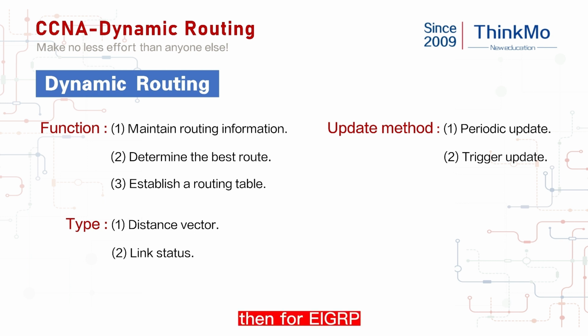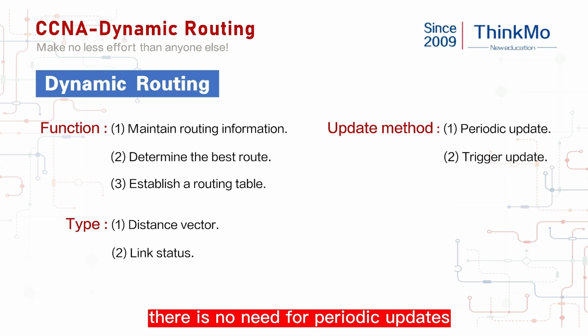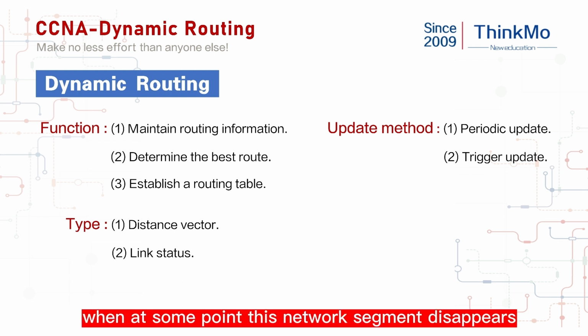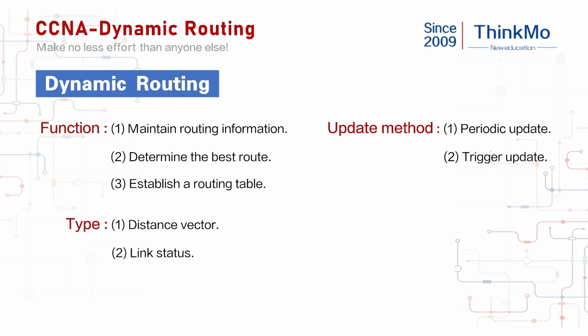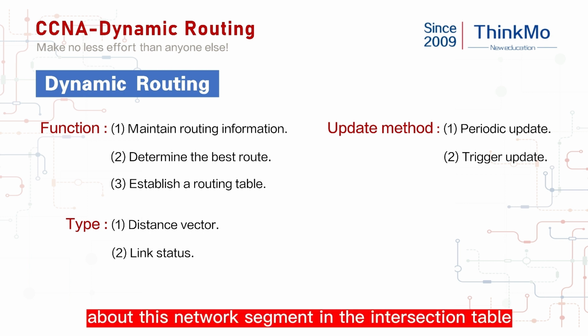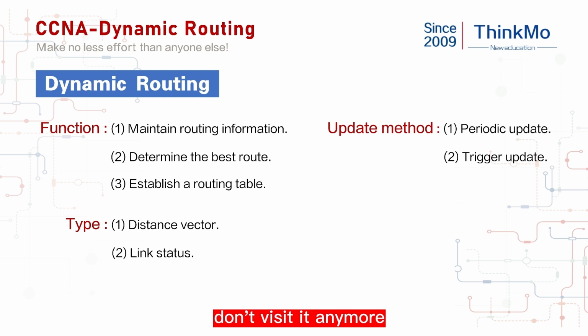Then for EIGRP, there are only triggered updates, no periodic updates, because in fact there is no need for periodic updates. When at some point a network segment disappears, the device will immediately tell other devices that its network segment has disappeared. Other devices quickly delete the information about this network segment from the routing table and don't visit it anymore, because its network segment is gone. This is called trigger update.